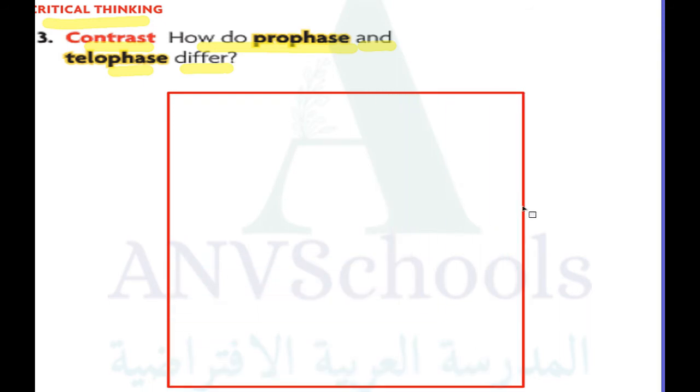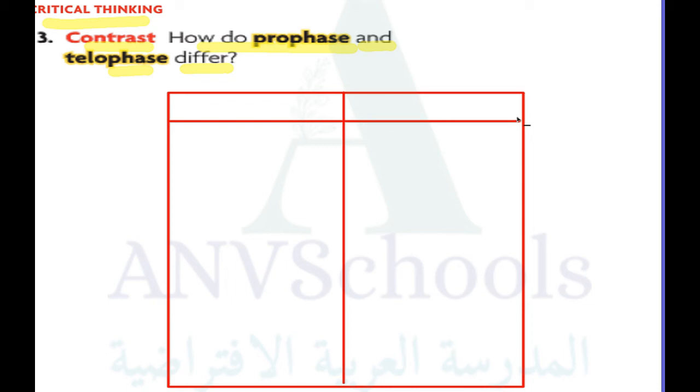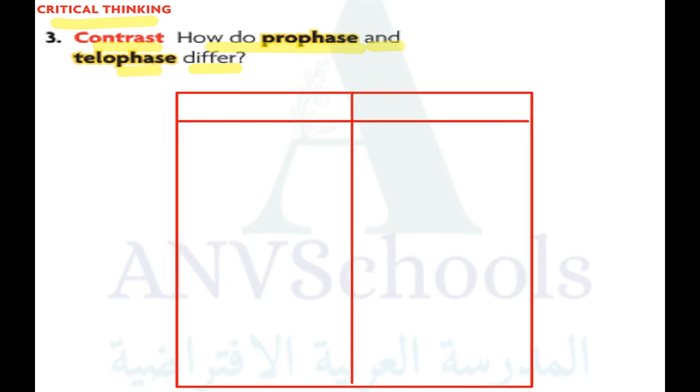So if we have a table like this, on one side of the table we have prophase, and the second one we have telophase. So what happens during prophase?